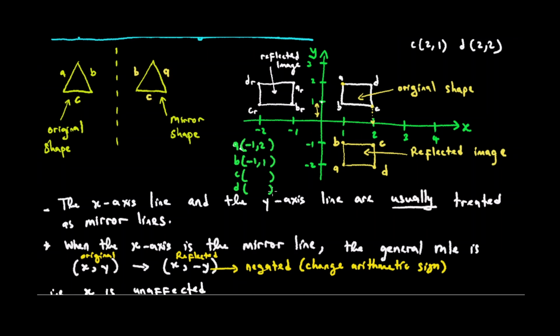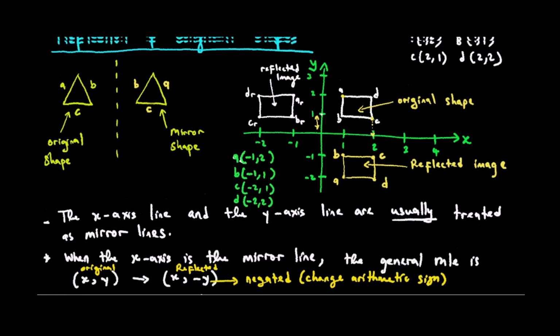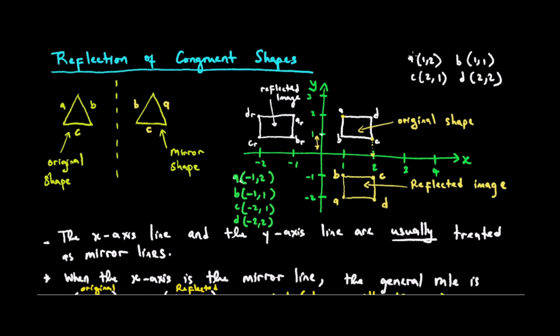C will be -2, 1. D will be -2, 2. Compare with the originals: A was 1, 2, but now -1, 2. B was 1, 1, now -1, 1. C was 2, 1, now -2, 1. And D was 2, 2, now -2, 2.